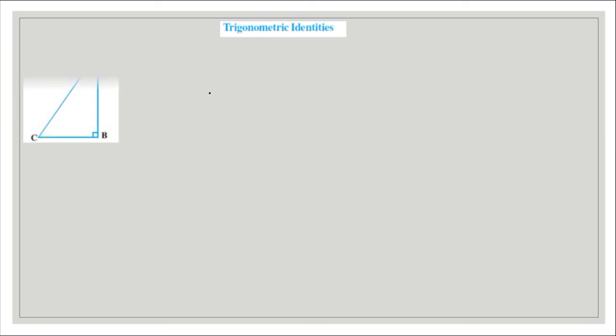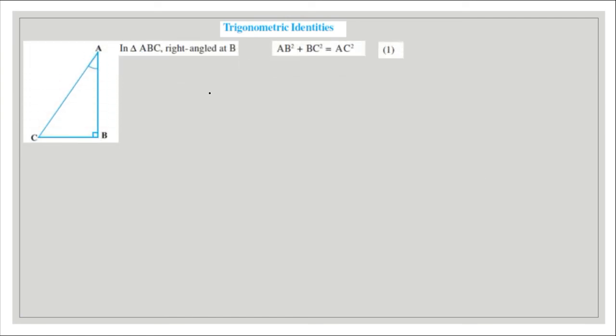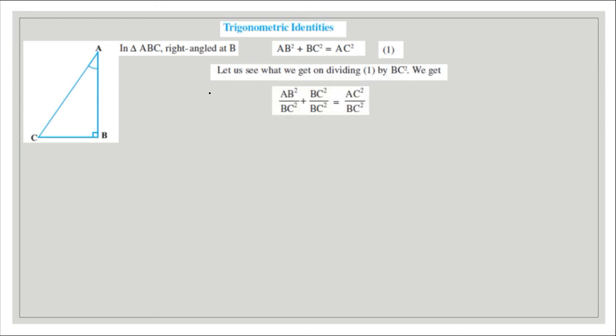Let's take up a right angle triangle, and this time I'll divide by BC square. If you divide by BC square, we get AB square upon BC square plus BC square upon BC square equal to AC square upon BC square. It can be written as AB by BC whole square plus BC by BC whole square equal to AC by BC whole square. Observe what AB by BC is.